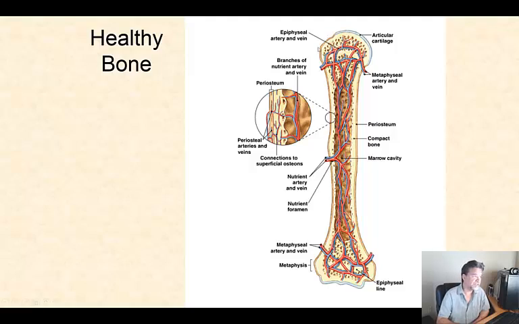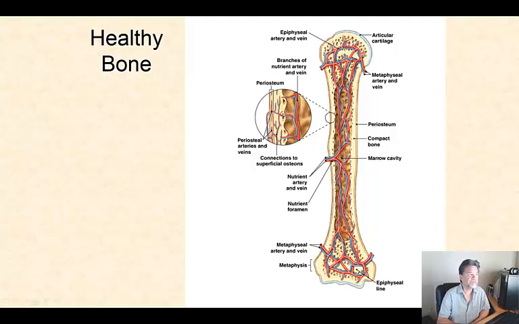You have the periosteum that surrounds the entire bone. That's that two-layered tissue that has the outer layer of dense, irregular connective tissue that's acting protectively, and then the inner layer that is the cellular layer made up of osteoprogenitor cells, osteoclasts, and osteoblasts.